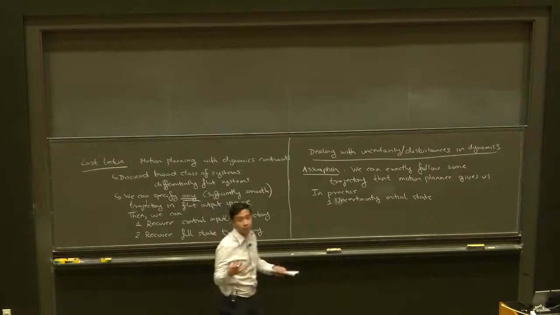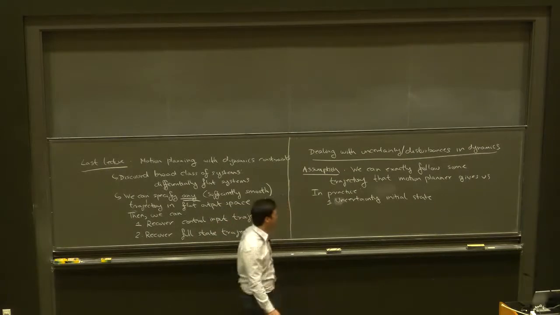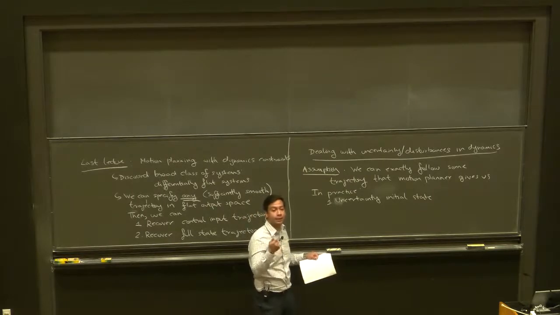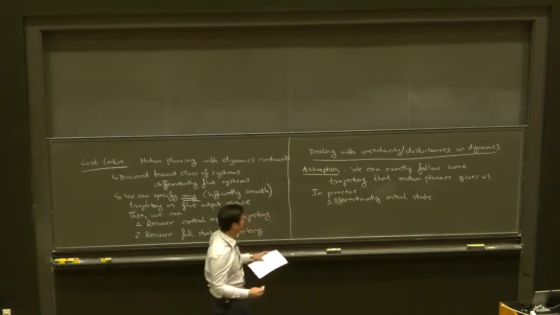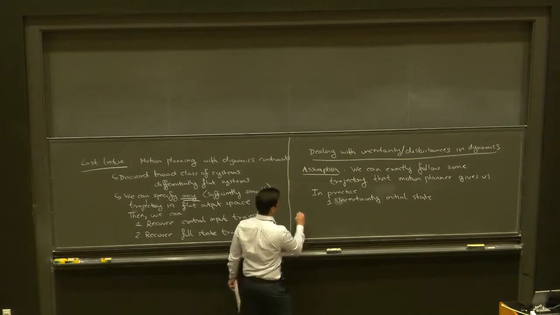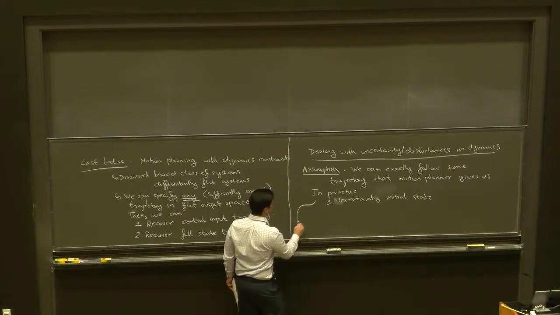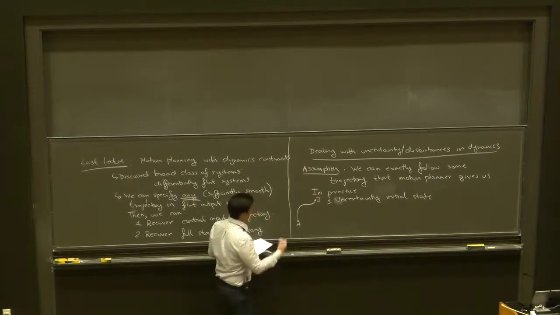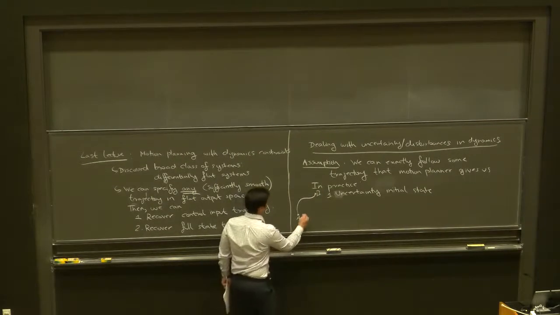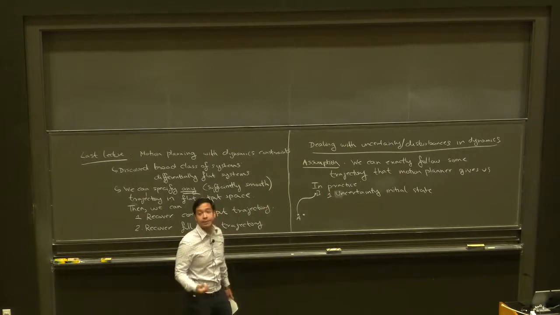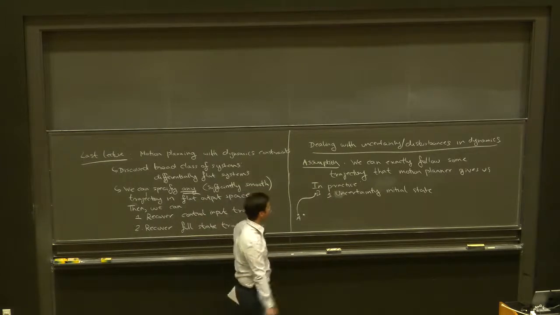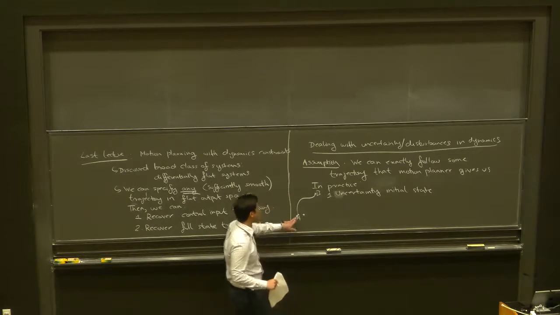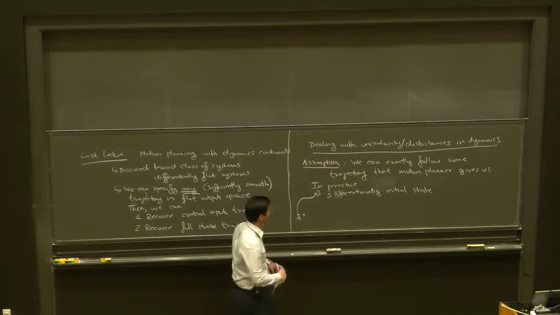If you have a drone, maybe you don't know exactly where it's going to start off. You made some plan that goes from A to B, but let's say your drone just starts off at a slightly different initial state. So that's one reason why you might not be able to exactly follow the trajectory that you planned.